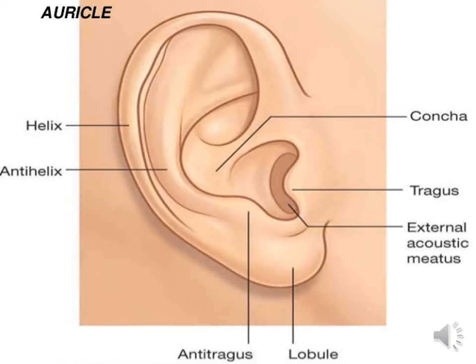Beyond the antihelix we have a depression called the concha, and the triangular elevation in front of the external acoustic meatus is called the tragus.